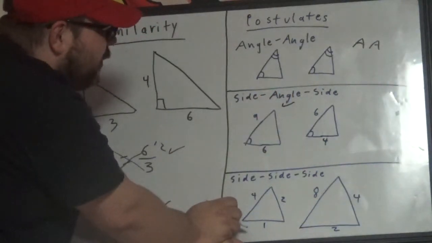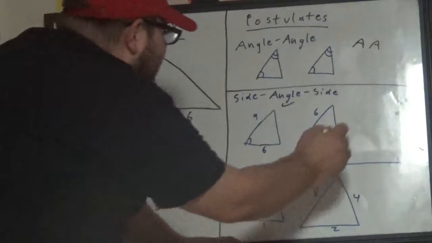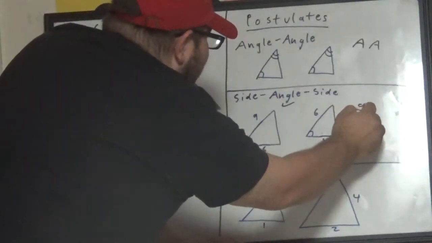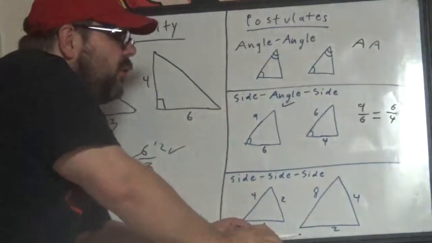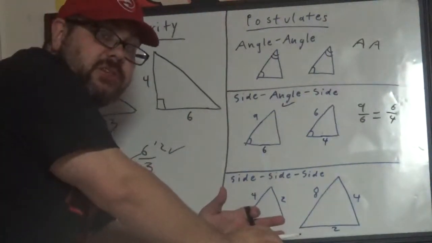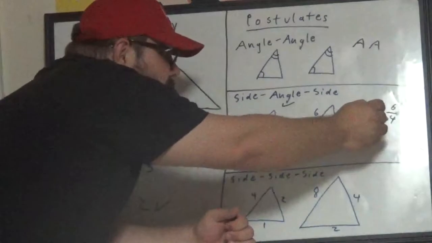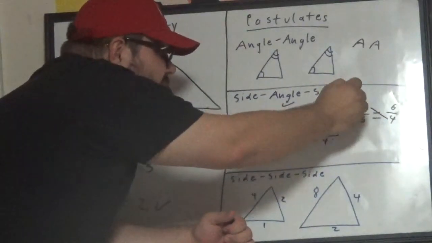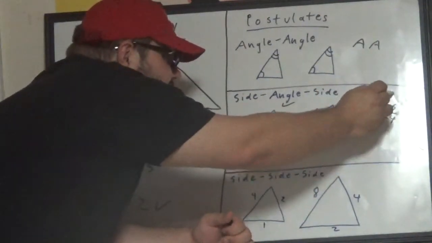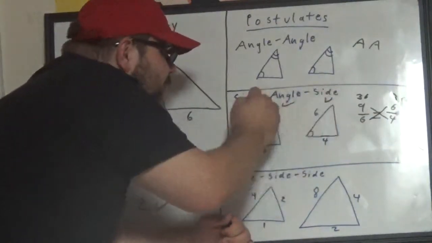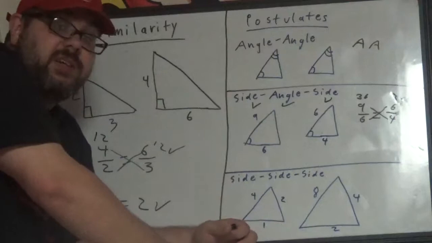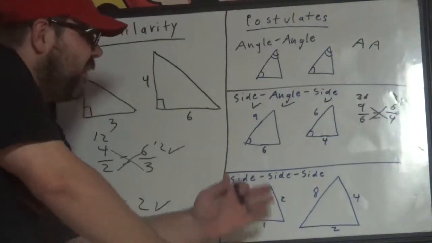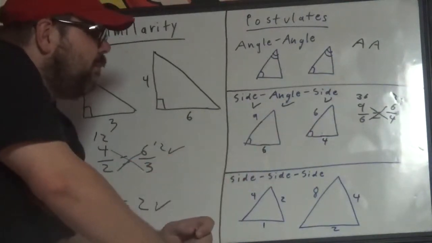We can check the sides by doing, again, 9/6 and 6/4. Again, the best way to do this is just to cross multiply. 4 times 9 is 36. 6 times 6 is 36. So the sides check out. So that's an easy way to check and see that these are actually similar.